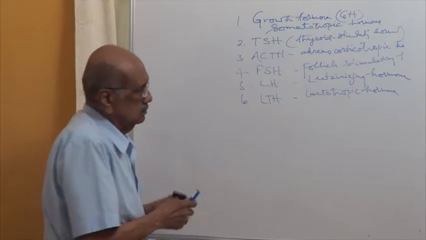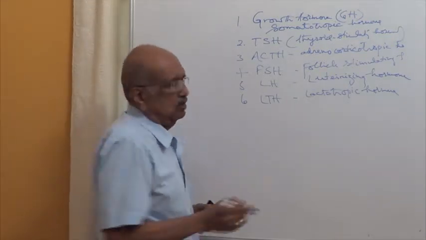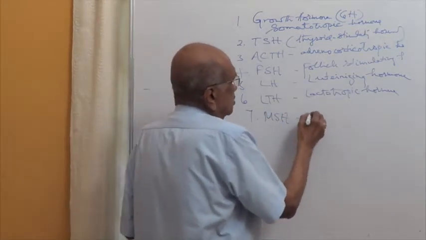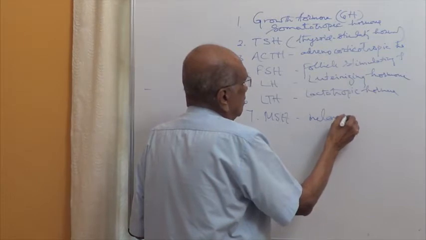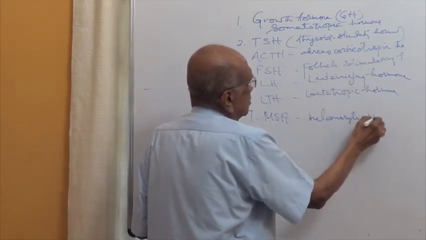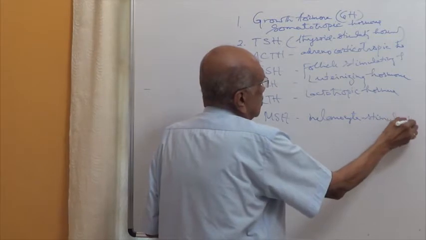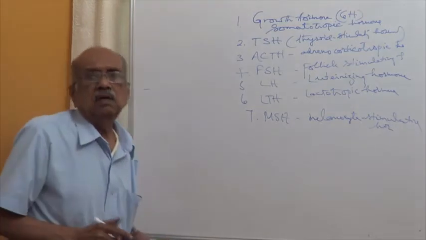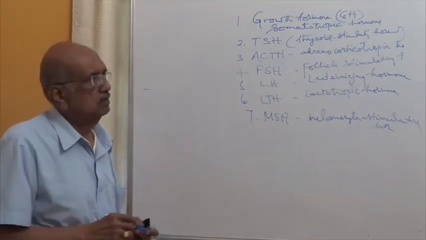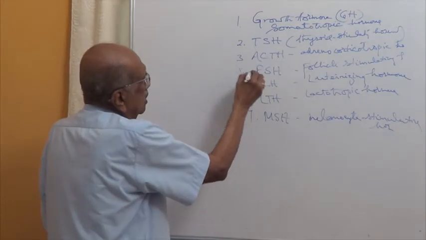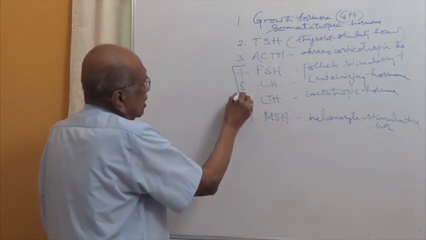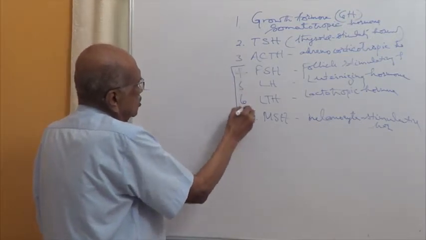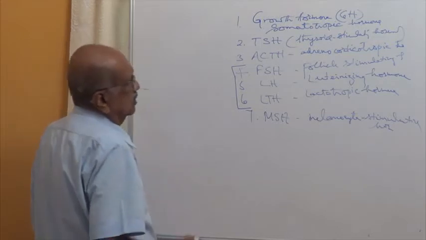Well, you said some problem with the seventh one. MSH, melanocyte stimulating hormone. Of these you find follicle stimulating hormone, and many authors include this also, lactotrophic hormone.